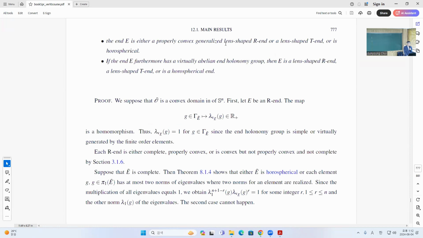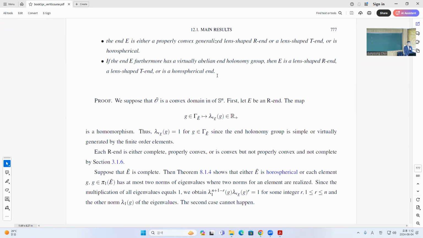Then E is either a properly convex lens-shaped R^n or lens-shaped T^n, or is horospherical. Or if it has a virtually abelian holonomy group, then E is a lens-shaped R^n, or the T^n, or is horospherical.